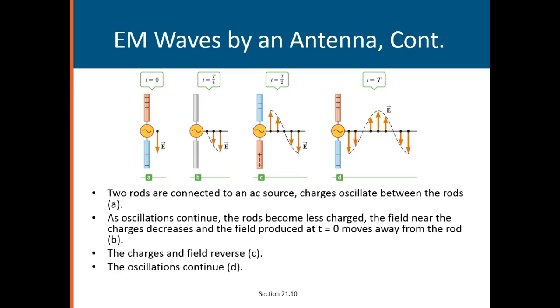Okay? So this is when they're starting. The electric field is down here. This is where they're 0. This is where the electric field is pointing upward. So it's here, going to down here, like this. And then this is another wavelength down the way. As the oscillations continue, the rods become less charged, that's B. The field near the charges decreases. The field produced at T0 moves away from the rods.